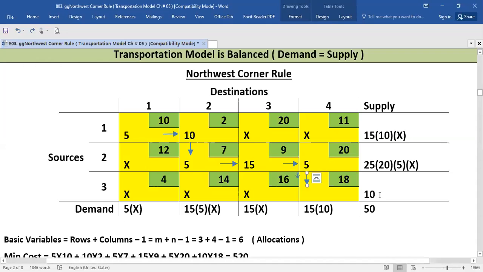So quickly you will put the value of 10. It means now there is no demand and there is no supply. You will not put any cross sign in these last two values. No need of this. Your model is now complete.